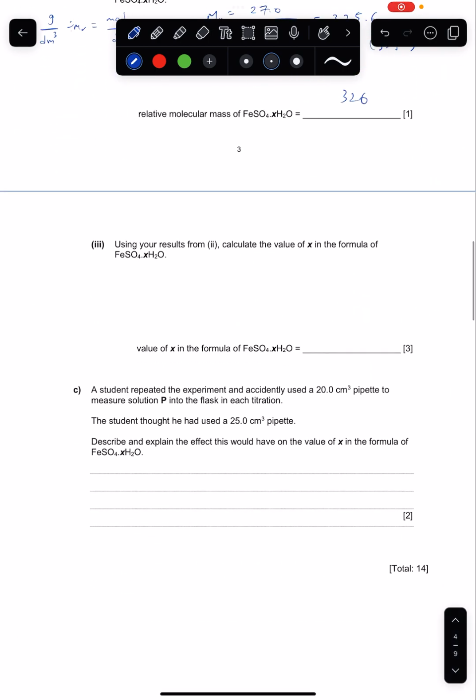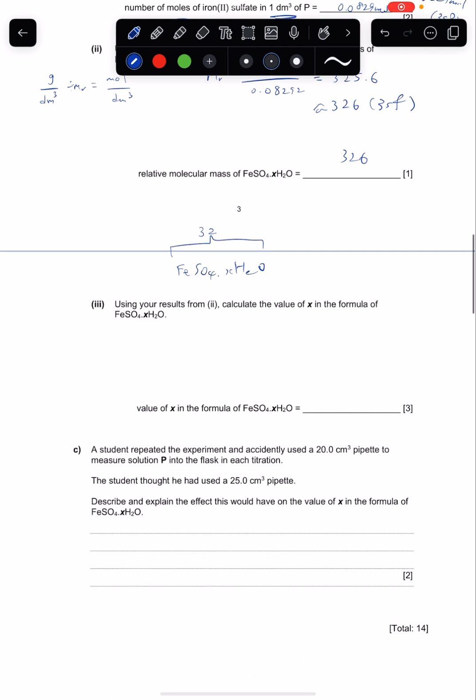Then you're supposed to find x. So you see FeSO4.xH2O, the whole thing is 325.6. I don't know my xH2O. So Fe is 56 plus 32 plus 4 times 16. So this comes from here.